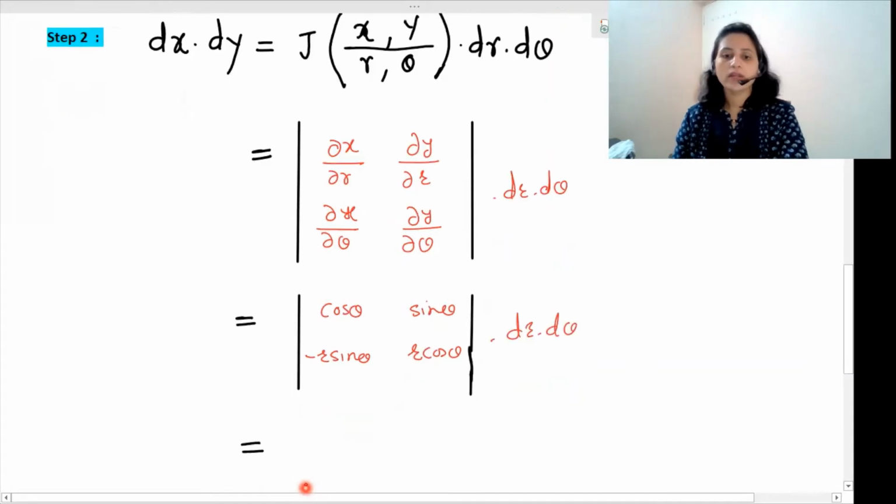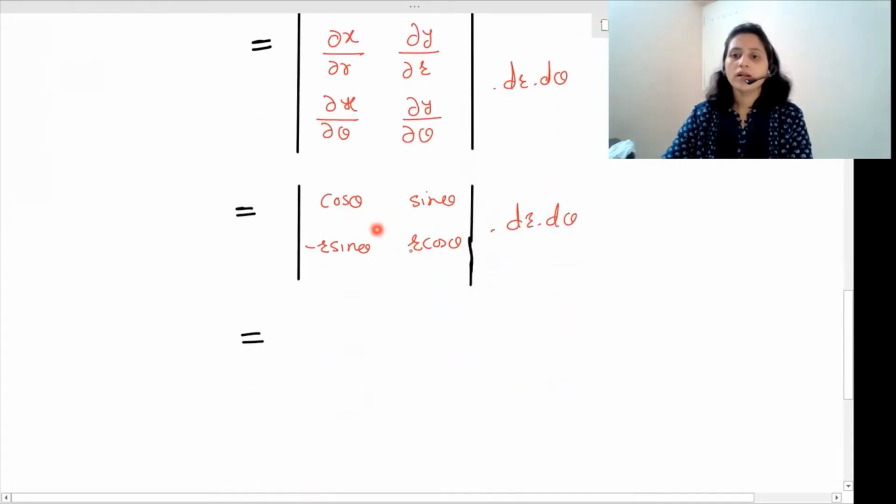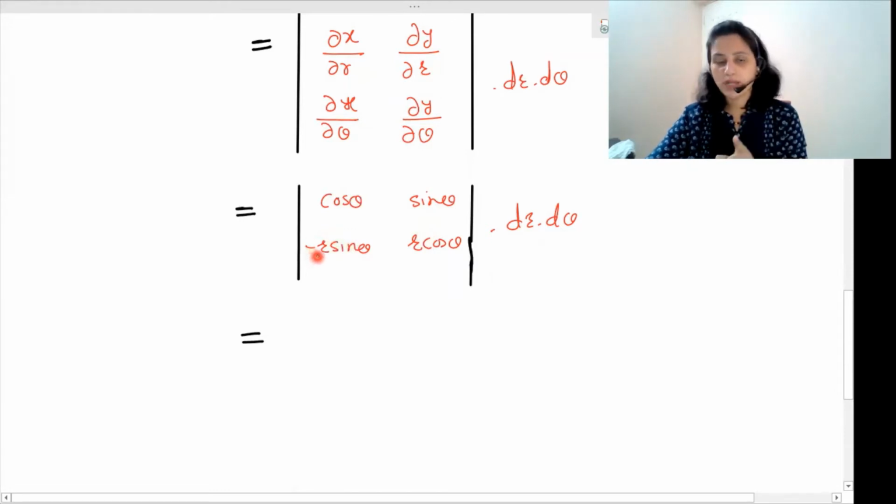Now, by using the determinant property, it is equal to r cos square theta minus, and this minus becomes plus, so we get r sine square theta.